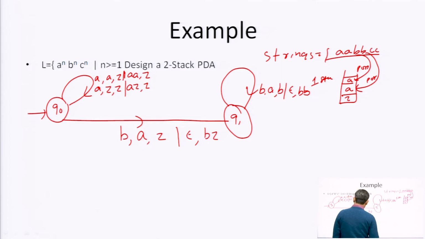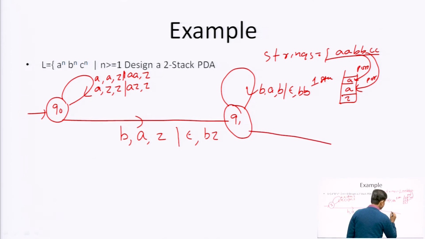Now let me complete this. After that the input is C, stack 1 top is Z and stack 2 top is B, then this is Z and this is epsilon.